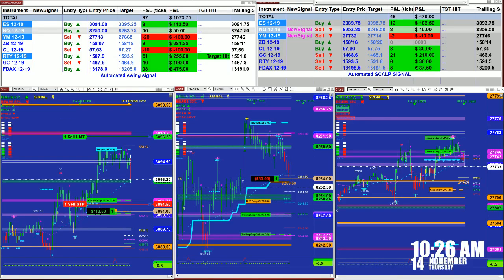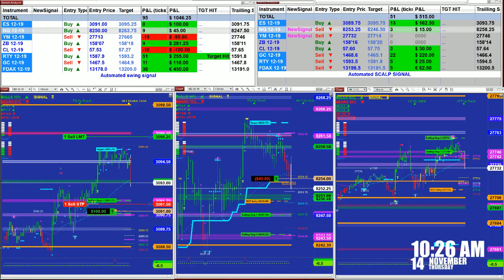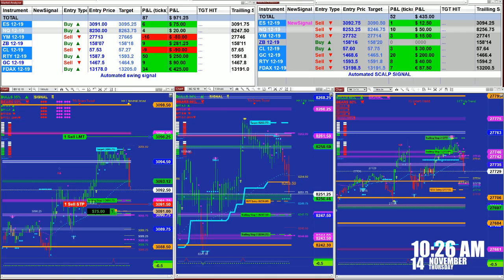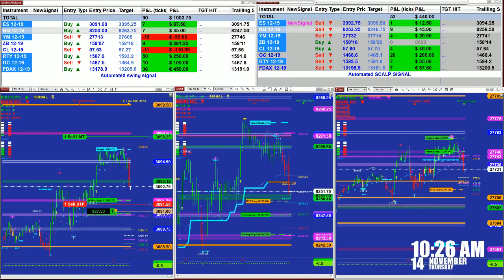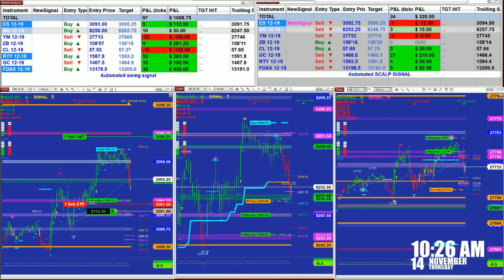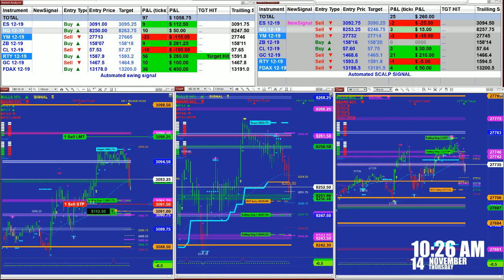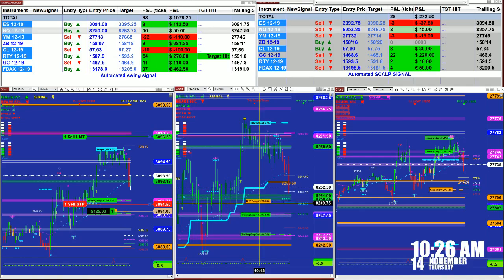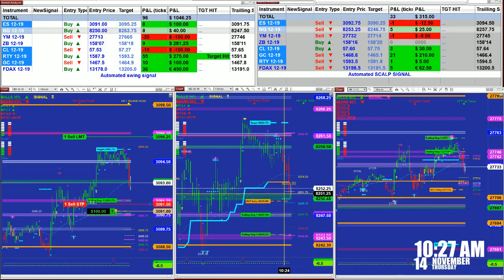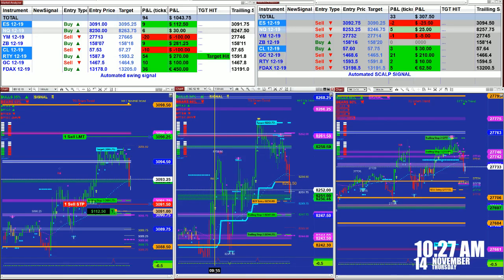Powell is speaking right now. Okay, so we need to... The market is changing direction because of this news, and we'll wait. On the Nasdaq, this is a double projection. Because of this hard news right now, everything is off.